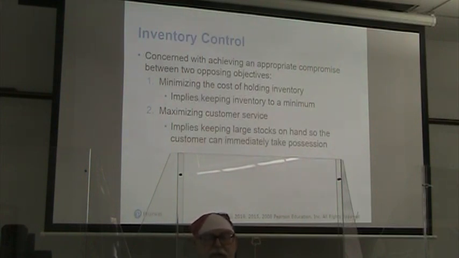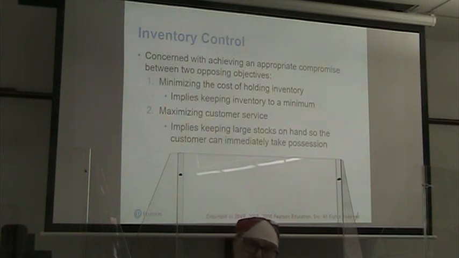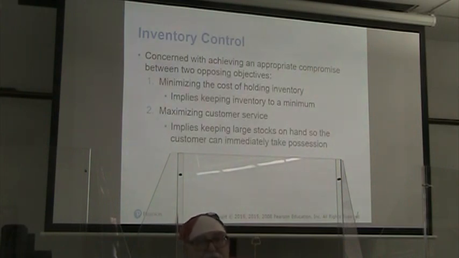So we want to keep inventory to a minimum. However, our second point of tension is maximizing our customer service. So that implies that we keep large enough stocks on hand so that if a customer shows up and wants a part, a product, they can immediately receive that.